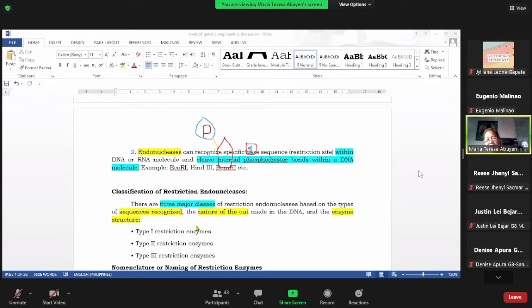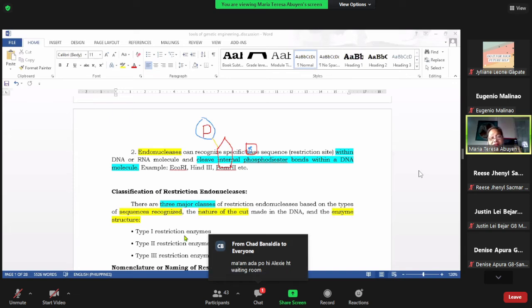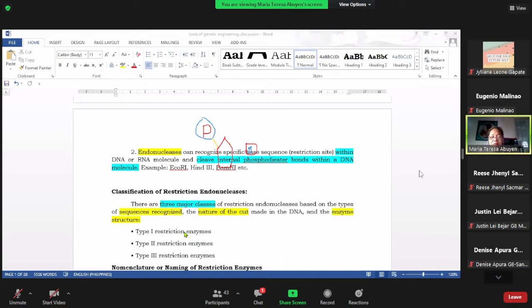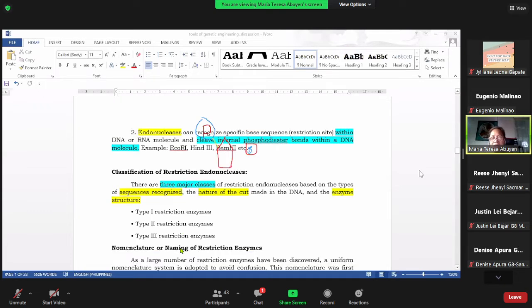Now, since there are hundreds of restriction enzymes already discovered in the cells of many organisms, it is proper to name them. So our next topic is the nomenclature, or naming, of restriction enzymes. How are enzymes named?